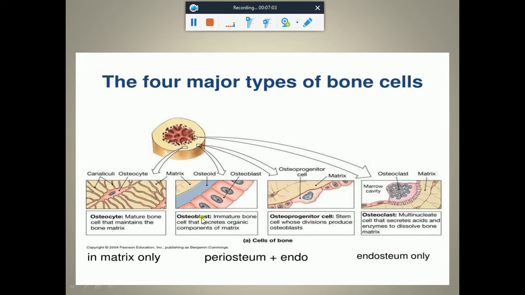Now osteoblasts जो हैं ये in turn form होते हैं by osteoprogenitor cell. These are the stem cells. These stem cells are present in the periosteum and the endosteum which is lining the marrow cavities. Periosteum जो external surface of the bone को line कर रहा है और endosteum जो कि marrow cavity surface of the bone को line कर रहा है.